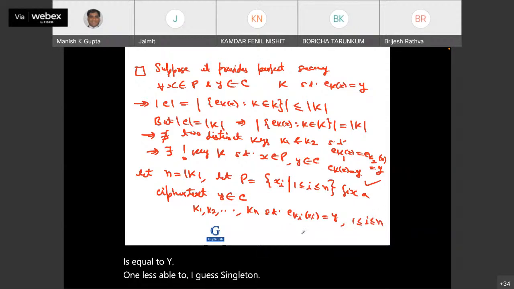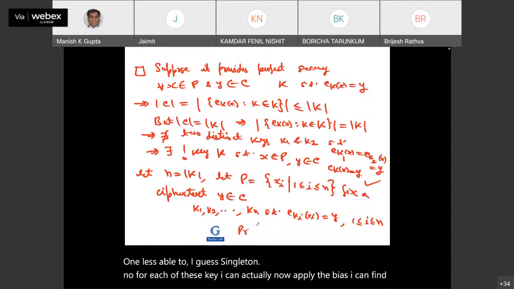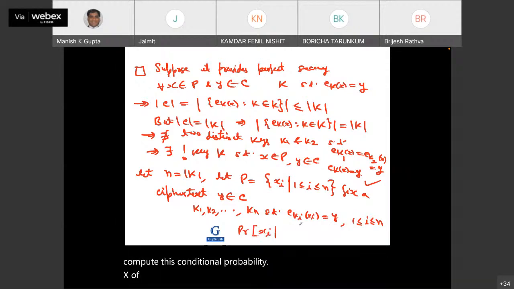Right. Now, for each of these k_i, I can apply Bayes' theorem. I can compute this conditional probability of x_i given y, and see what happens.